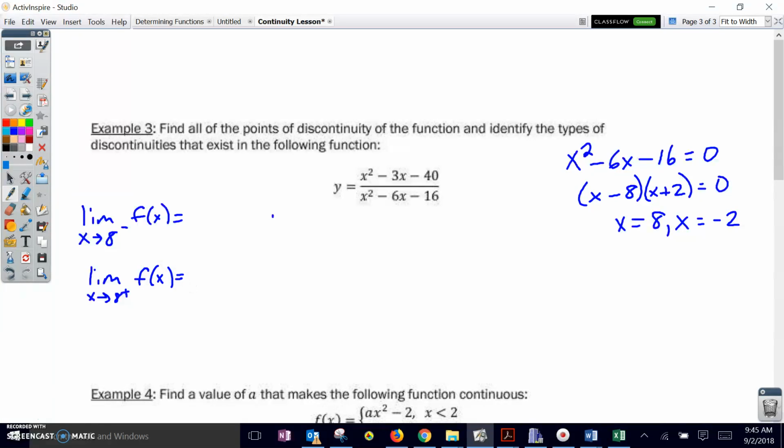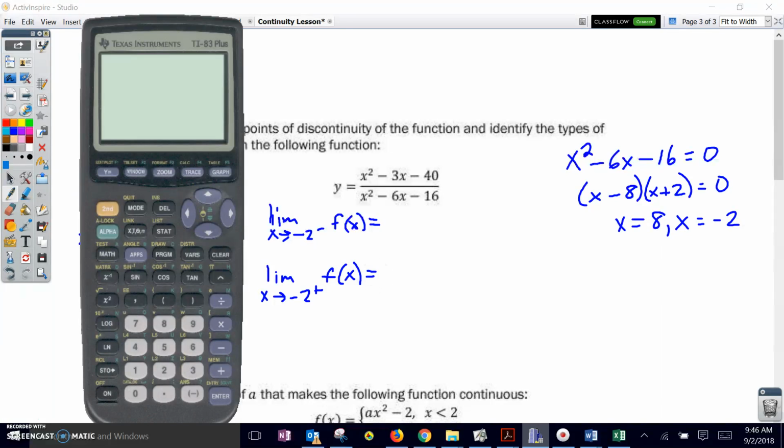And we also need the limit as x approaches -2 from the left of the function, and the limit as x approaches -2 from the right of the function. I'm going to find these limits numerically.